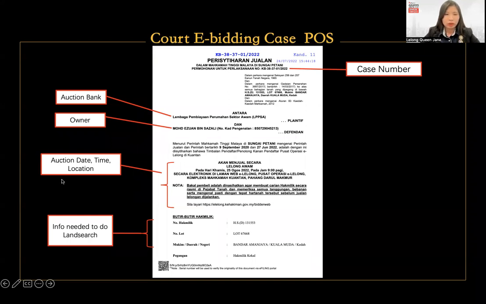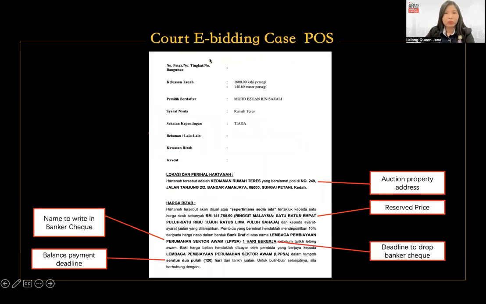We also need to know the auction date, time, and location. The location will be through the e-lelong website, e-lelong.kehakiman.gov.my/bidder, and the info needed to do the land search will also be stated here.